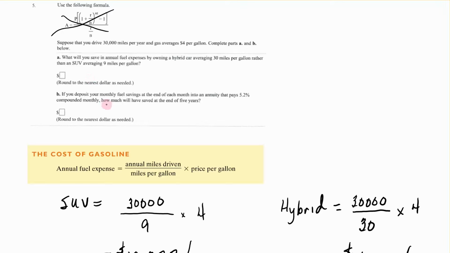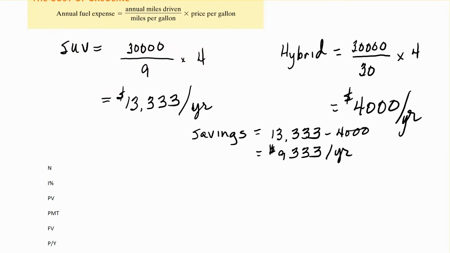Question B. Now you've got to be careful because there's something here that can sneak up on you. If you deposit your monthly fuel savings at the end of each month into an annuity paying 5.2% compounded monthly, how much will you have saved at the end of 5 years? Okay. Now, this savings is your annual savings. You don't save that much each month, and yet we need to put this into an annuity working on the month.